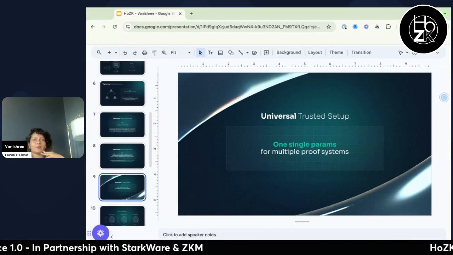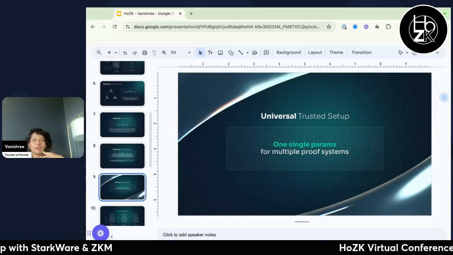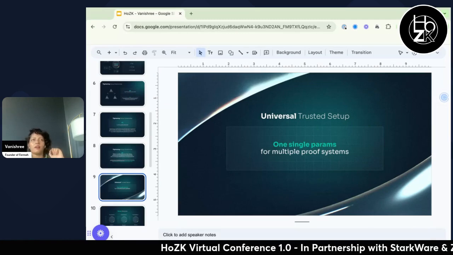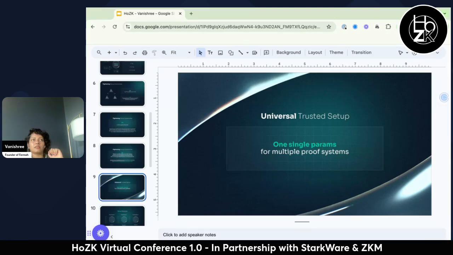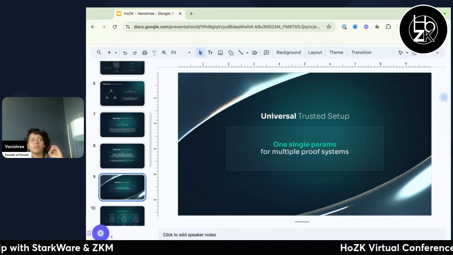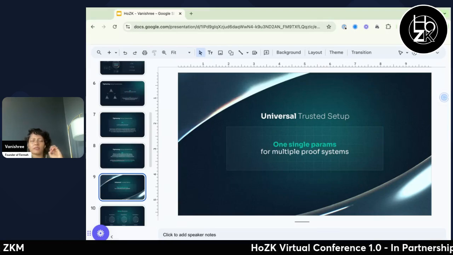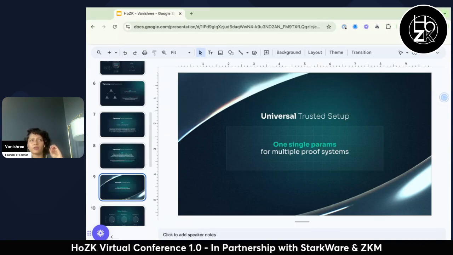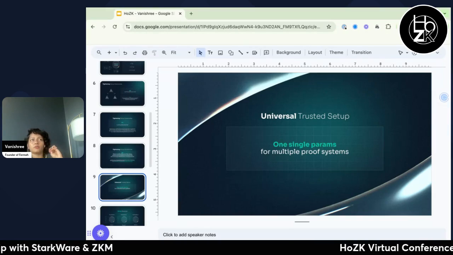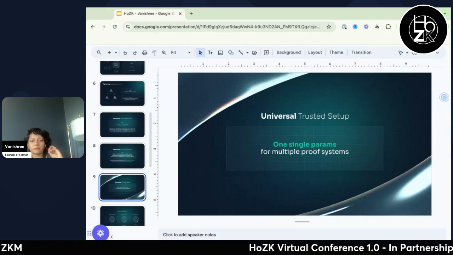Doing trusted setup ceremonies is a headache for two reasons. One, it is operationally really hard. Two, you can make mistakes there, and it is good to have one single set of trusted parameters. I think the first one is a lot more impactful reason: it is really operationally hard to do trusted setup ceremonies.